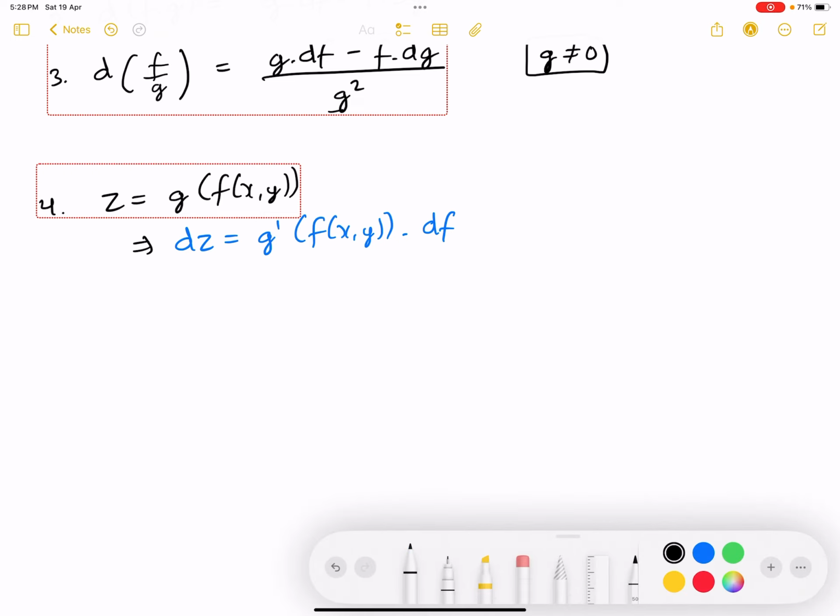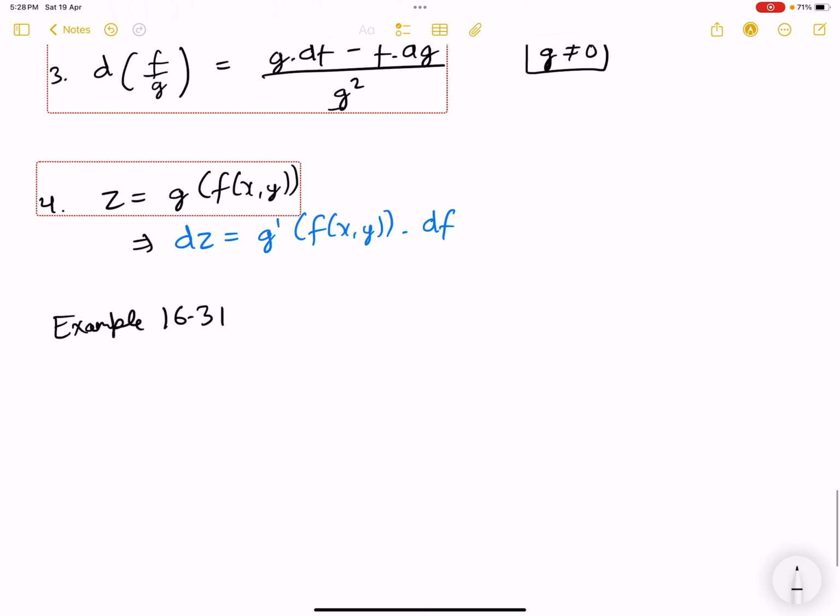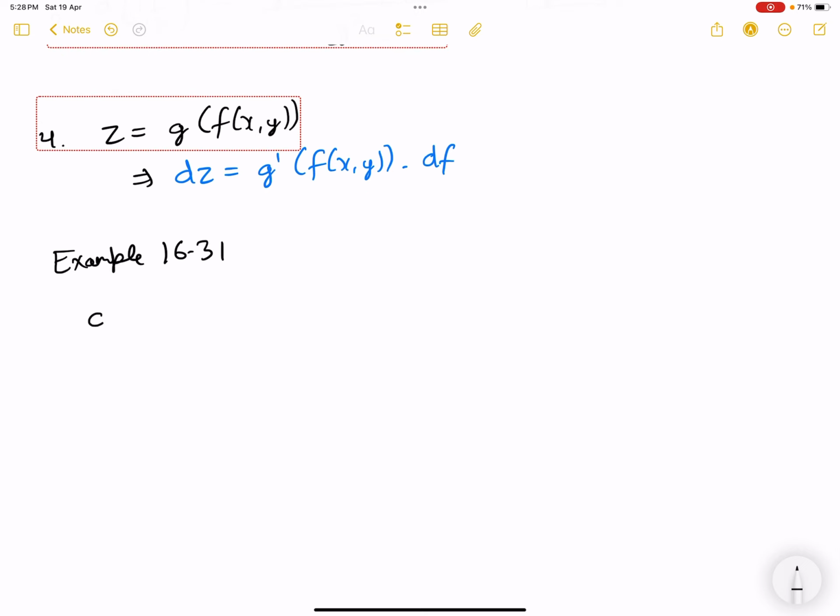Okay, so let's do an example, example 16.31. You're supposed to find an expression for dz in terms of dx and dy.